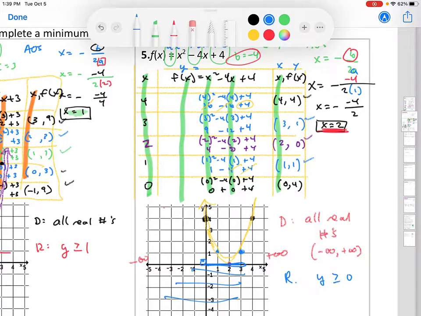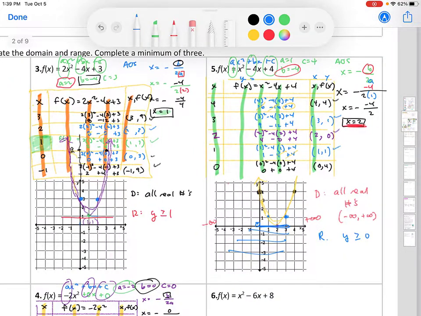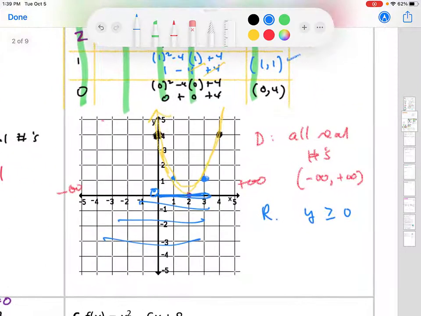So that would be y greater than or equal to 0 is your answer. If you wanted to know interval notation, you would start at, turn your head sideways, it's starting at 0, which is a bracket, which means include, and then you're going up, which is all the positive numbers, which we call infinity. So that's what the interval notation would look like for the range.